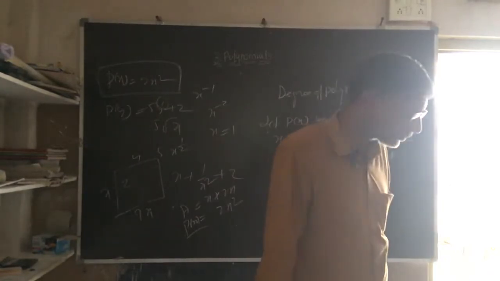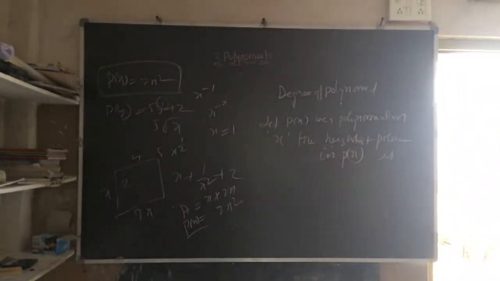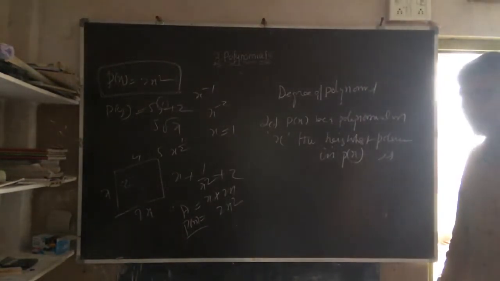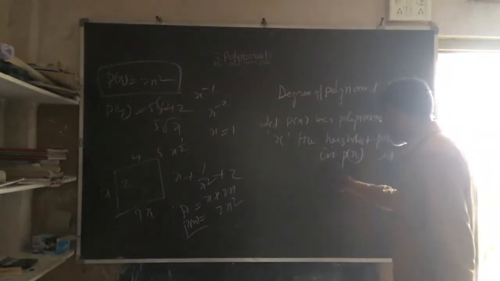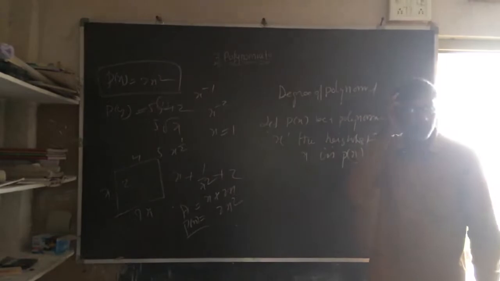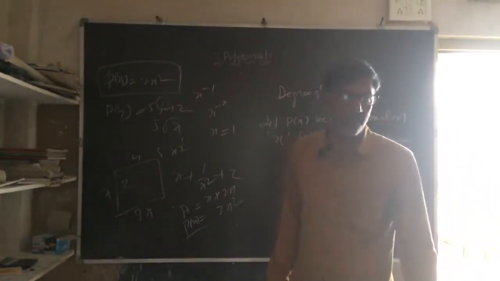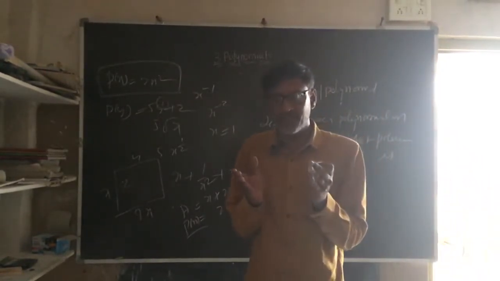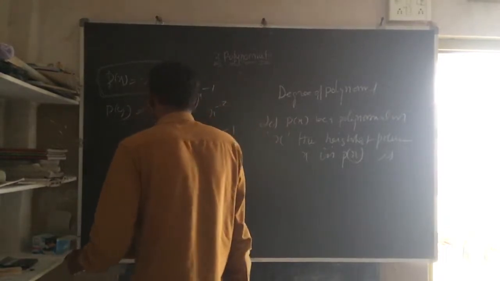Very simple. Let P of x be any polynomial. The highest power of x in P of x is called degree of the polynomial. Very, very important. Suppose I will give you some questions.